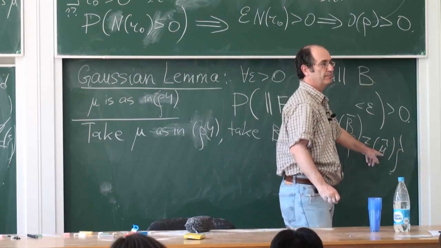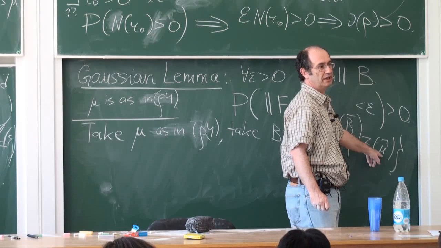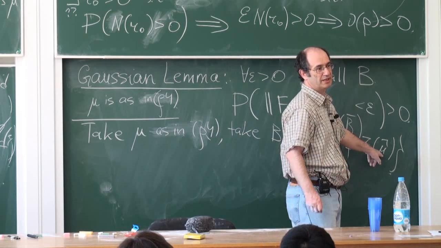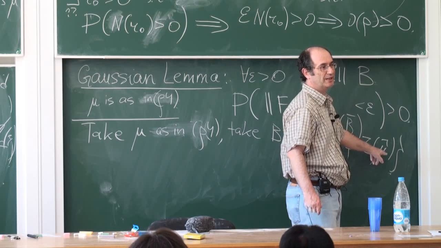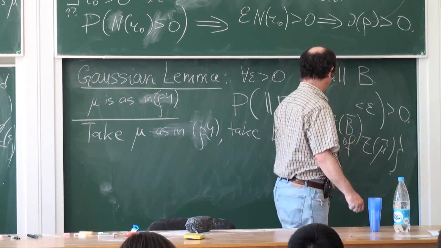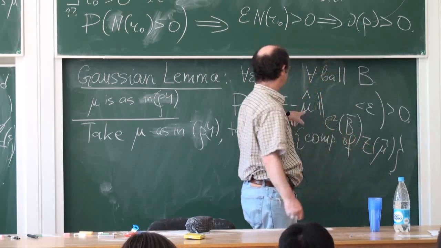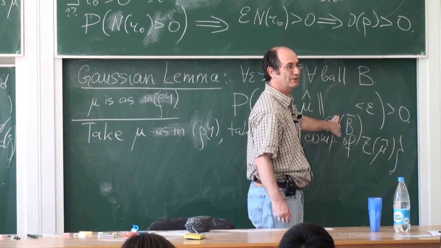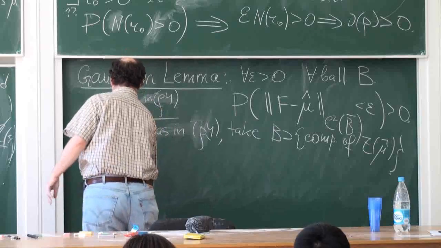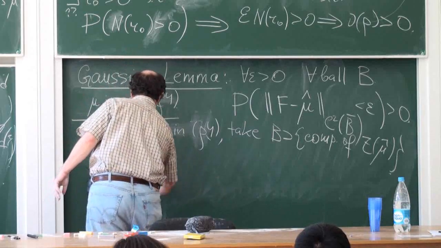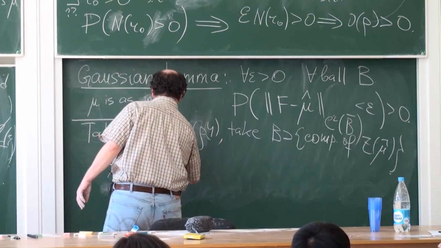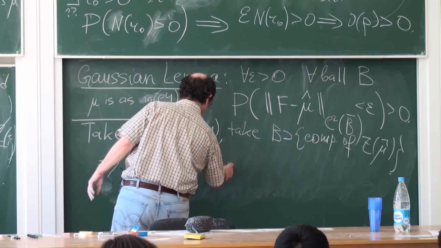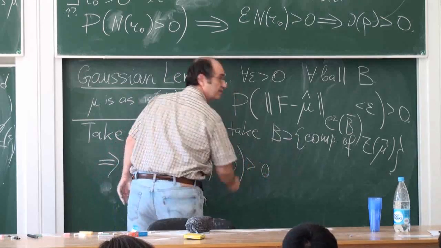The measure was compactly supported, so the Fourier transform is a real analytic function, and for its zero set all components are isolated. So if we have a component of the zero set of mu hat, and if our function is uniformly close to it in the closed ball, then the probability that n of R0 F is positive, right?